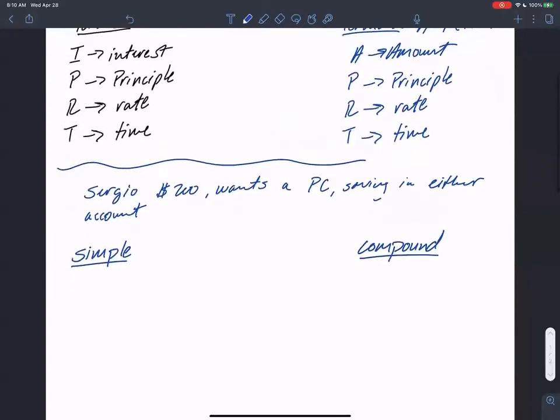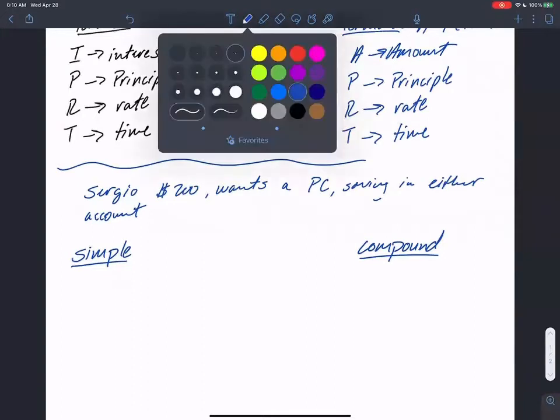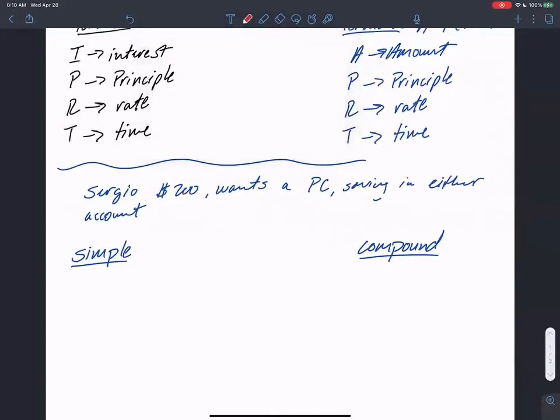Okay. Now, in a question like this, you'll be given some basic information. So we're going to say both accounts, and it could be specific to each one, but we're going to say both. And you know what? I won't even write both. I'll just write the info. Rate is 3.5%.